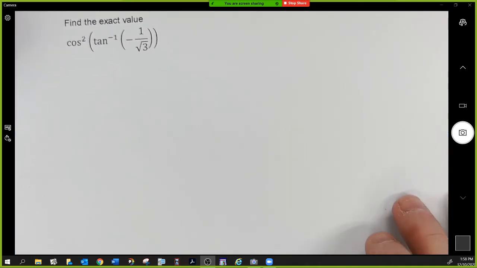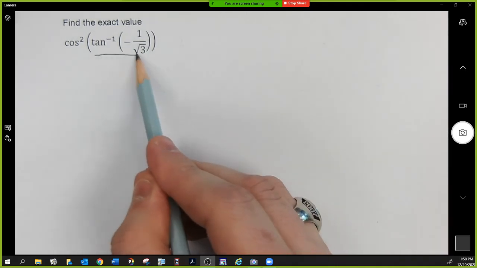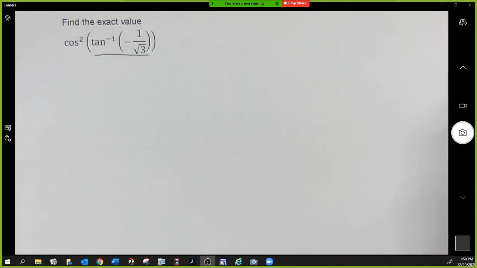Where is it? There it is, found it. What this is telling you to do is to evaluate tangent inverse first. Tangent inverse can only return values in quadrant 1 and -1.